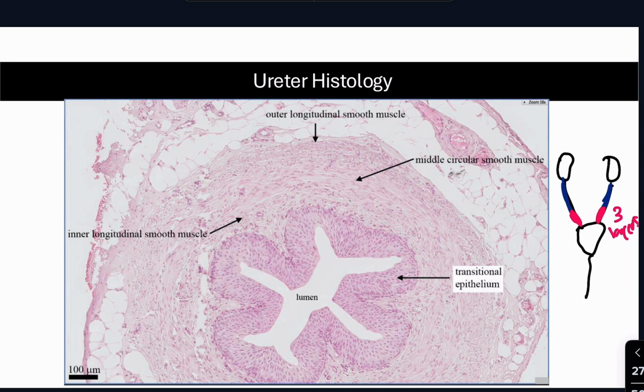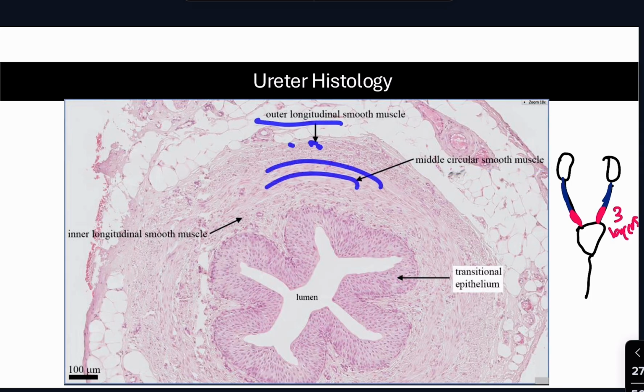So this obviously is going to be a section from the bottom third of the ureter, because we have three distinct muscle layers. We have the inner longitudinal smooth muscle layer, that middle circular smooth muscle layer, and the outer longitudinal smooth muscle layer.